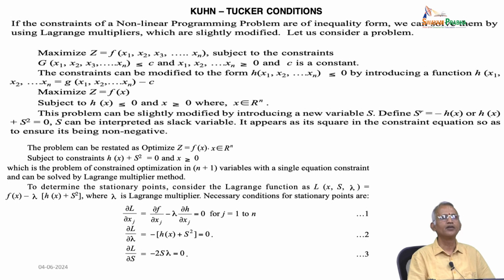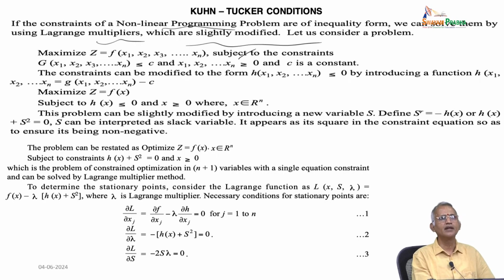So now we have the Kuhn-Tucker conditions. If the constraints of a nonlinear programming problem are of inequality form, we can solve it using Lagrange's multipliers, which are slightly modified. Let us consider the problem: maximize z equal to f of x1, x2, and so on up to xn, subject to the constraint g of x1, x2, ..., xn less than or equal to c, where all xi are positive.